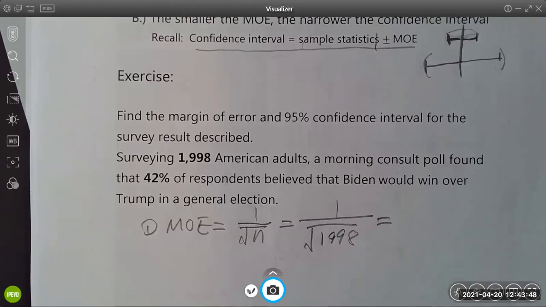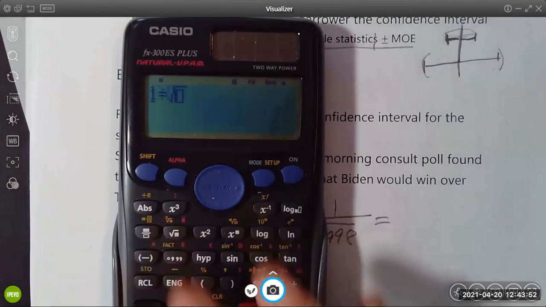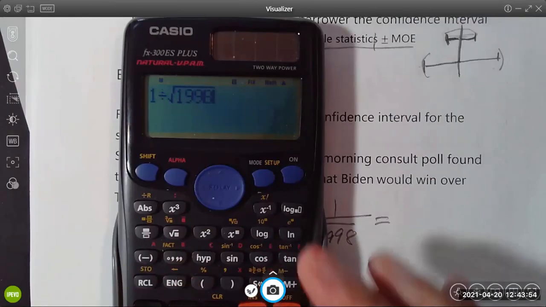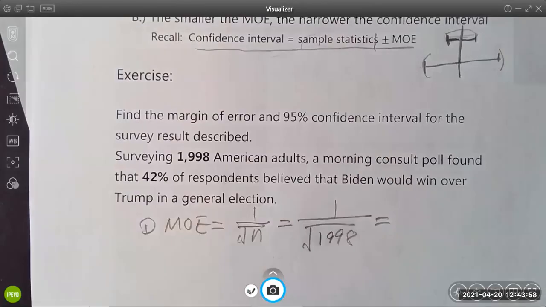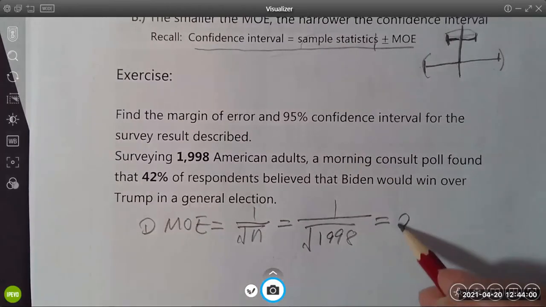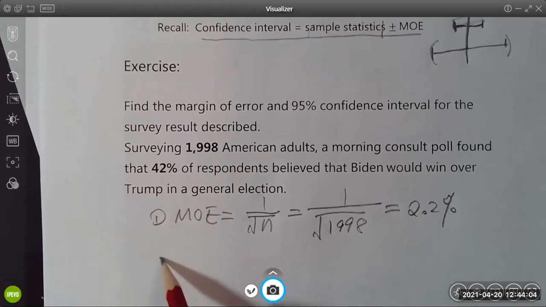Let's do that calculation: 1 divided by the square root of 1998 is 2.2%. Now the confidence interval.